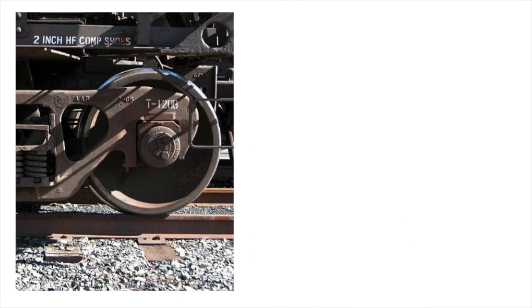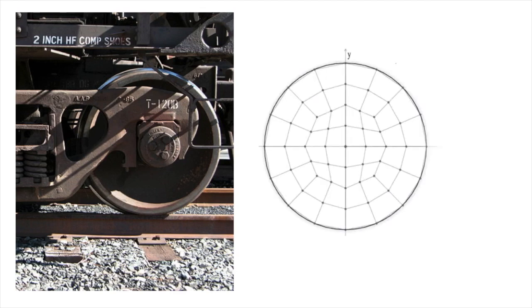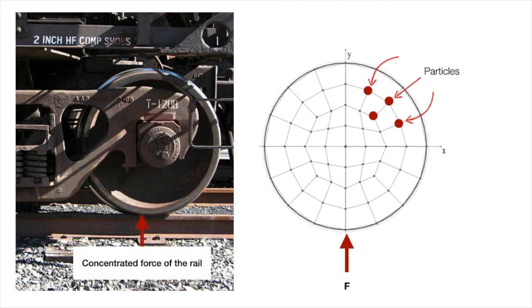The second idealization or simplification is to assume the body that we are studying to be a rigid body. A rigid body involves a combination of many particles. For example, look at this train wheel. If I redraw the wheel in a mesh element, and let's say the nodes of the mesh element are the particles, there are external forces subjected to the train wheel from the train rail.